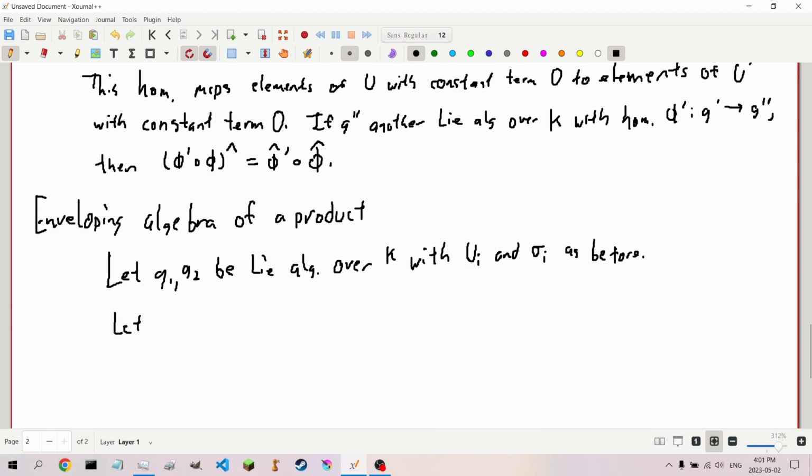We're going to let G be the direct product of G1 and G2, with, of course, universal algebra U and canonical mapping sigma.